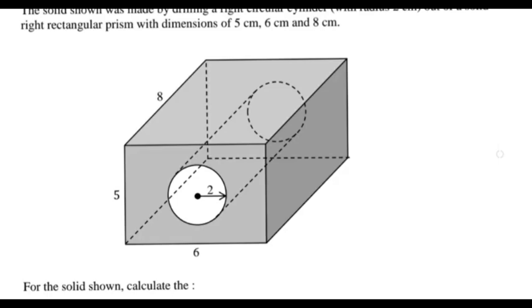Must remember, this is a rectangular prism, and the cylinder is drilled inside the rectangular prism. When the cylinder is drilled through the prism, the two circle areas where the cylinder enters and exits are no longer part of the solid's outer surface. So then both of these are no longer part of the outer surface.